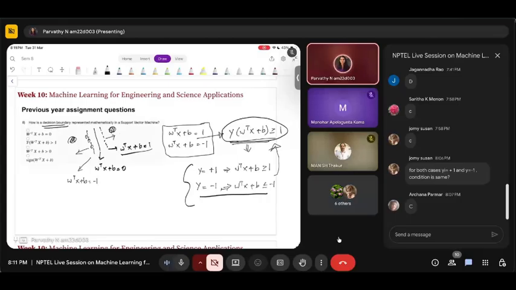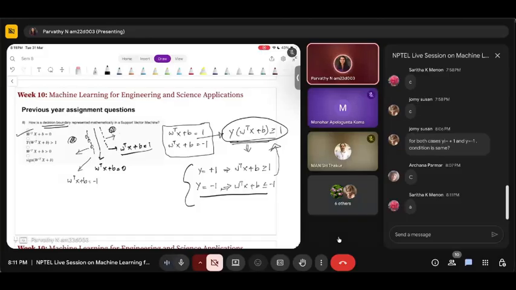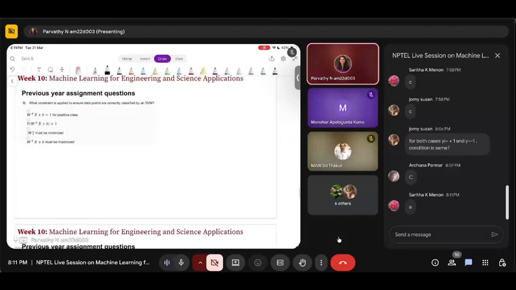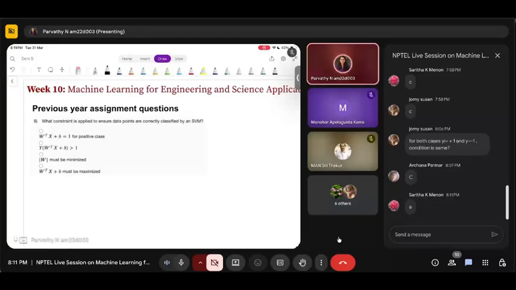So the decision boundary is W transpose x plus b is 0. This is the decision boundary. The next question: what is the constraint that is applied to ensure data points are correctly classified?